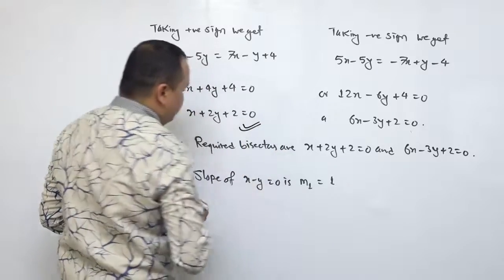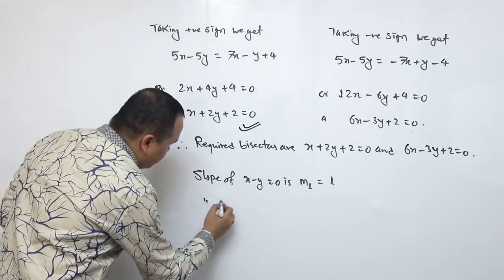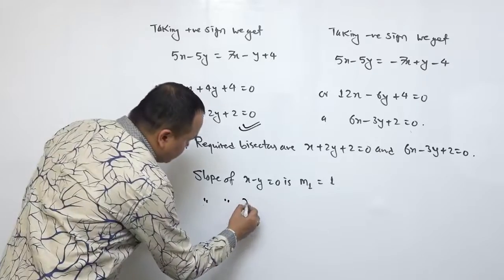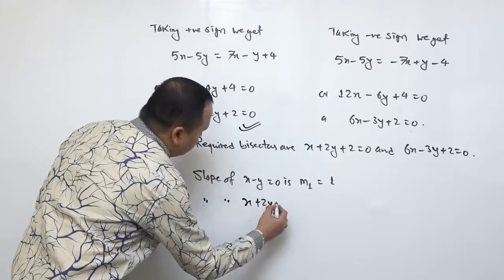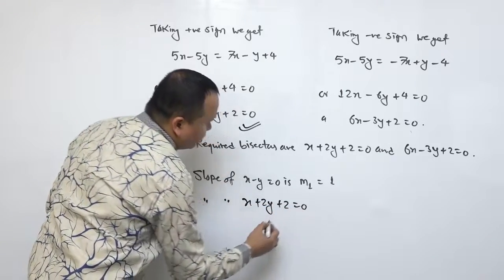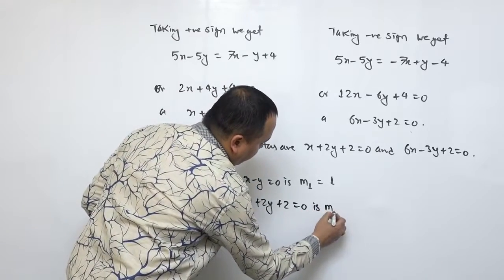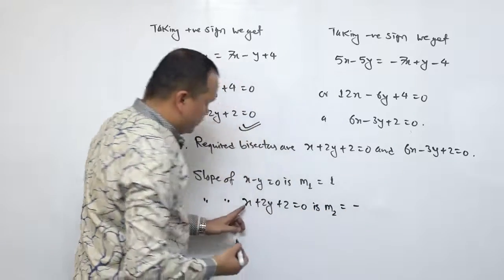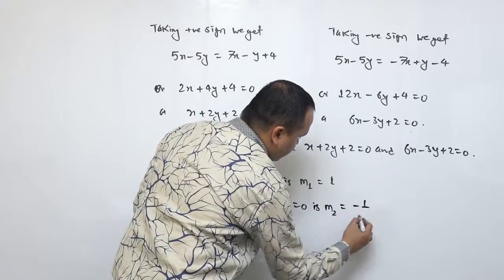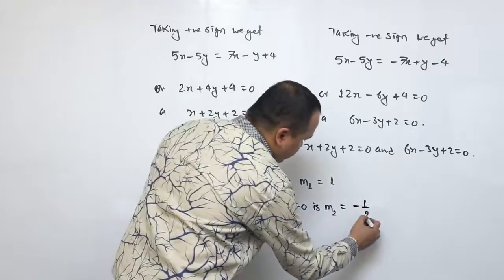Now let us take this one. The slope of x plus 2y plus 2 is equal to 0 is m2, the minus coefficient of x upon coefficient of y, which is minus 1 upon 2.